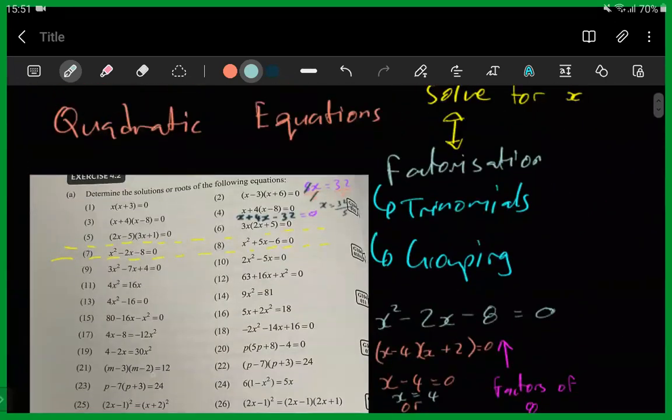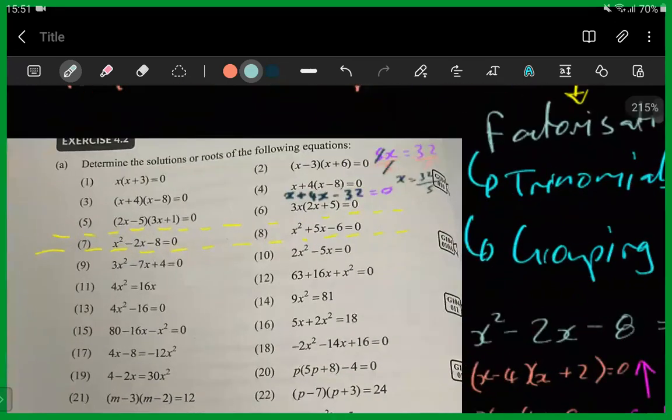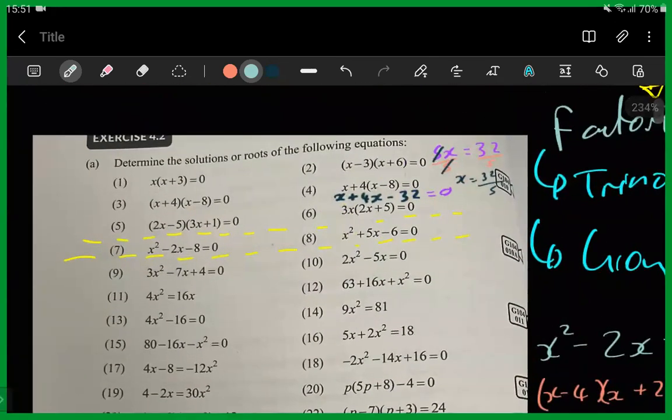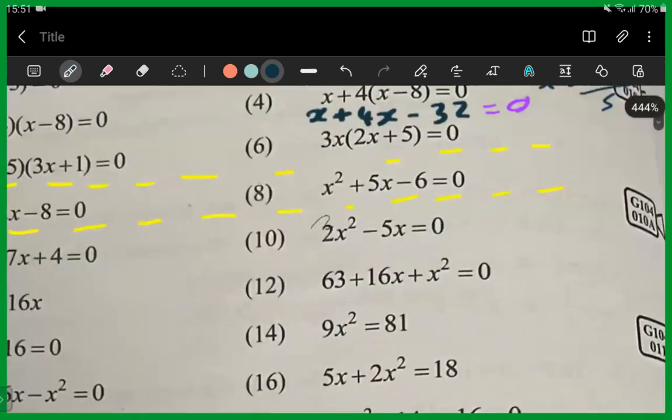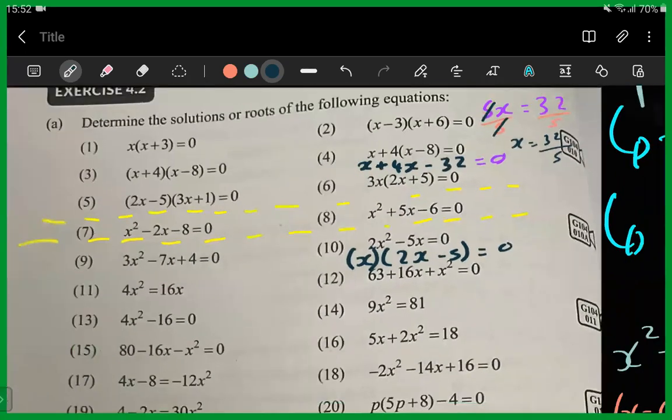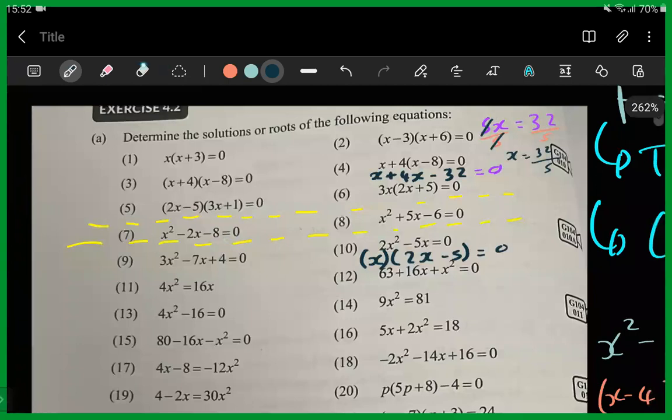The thing with question number 9, right? What we did at question number 9, something like 10 seems like you won't necessarily have to worry too much, because here you can factorize by just taking out a common factor, which is x. And then you would just make each of these equal to 0. Nothing crazy. Something like 12, you would do exactly the same, but then you have to make sure it's in standard form first.